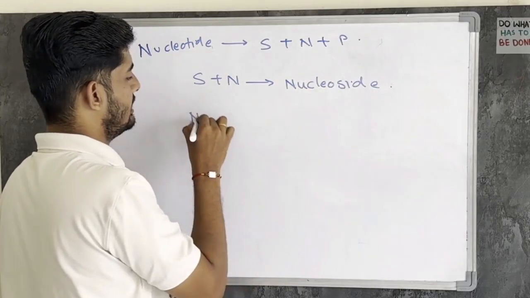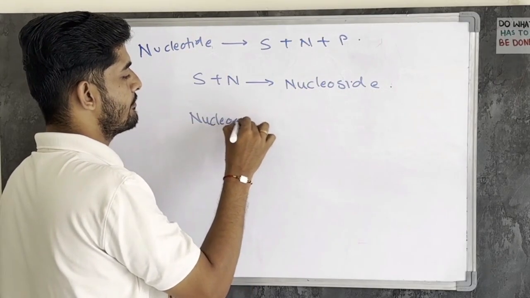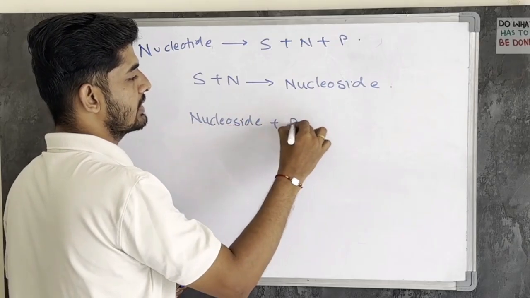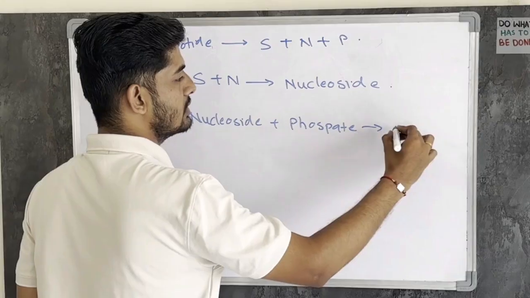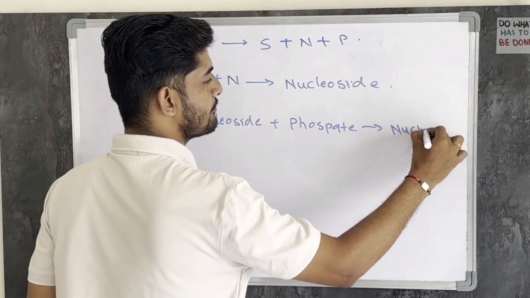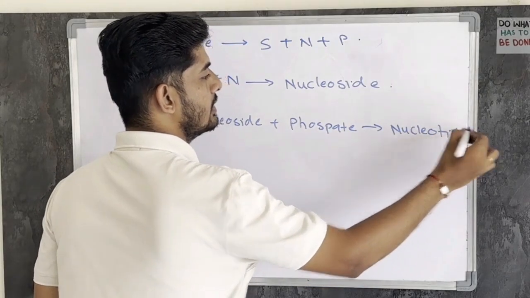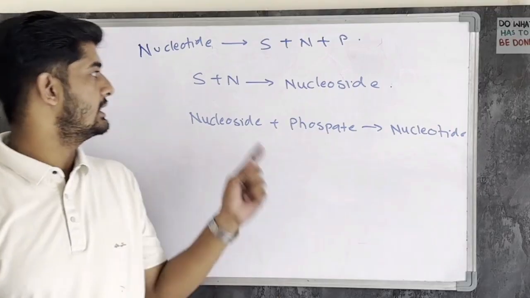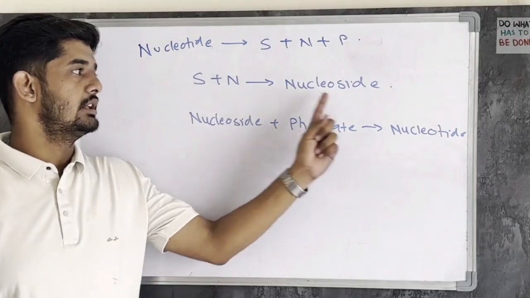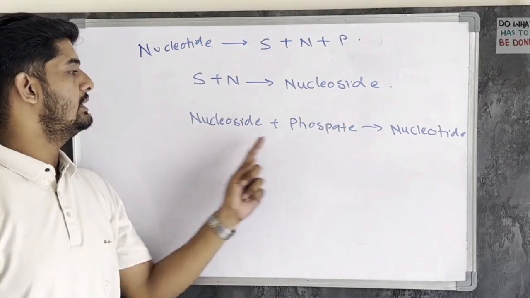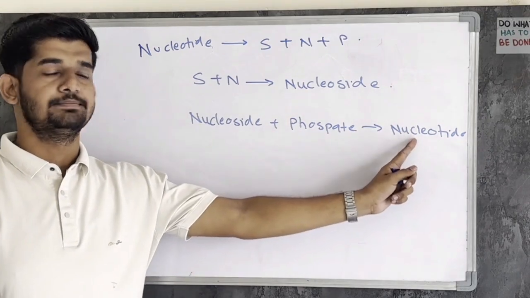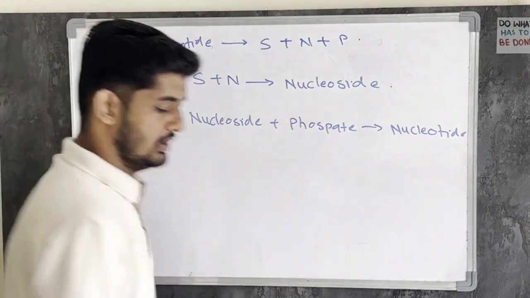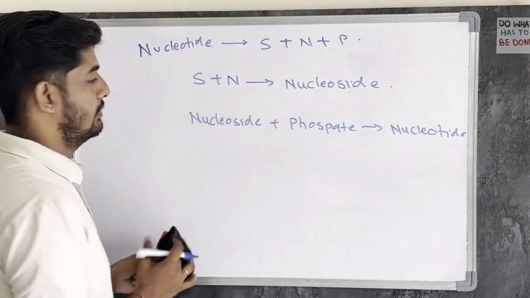And this nucleoside plus phosphate will give nucleotide. This is very important to remember, that sugar plus nitrogen base is called the nucleoside. When there is addition of a phosphate group to the nucleoside, it will give us the nucleotide. Always remember.